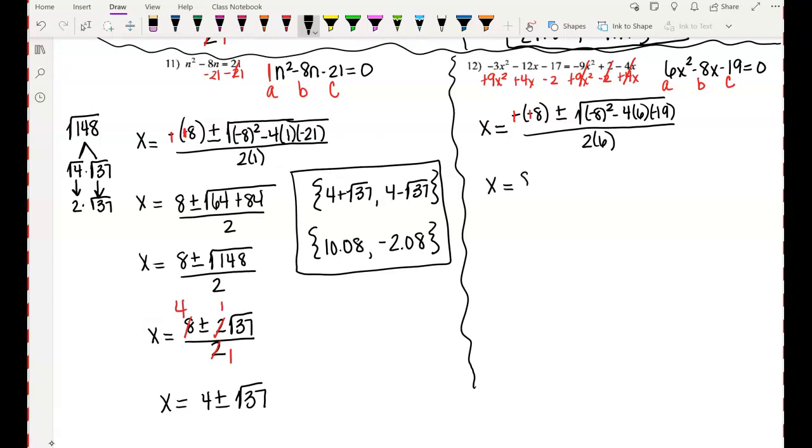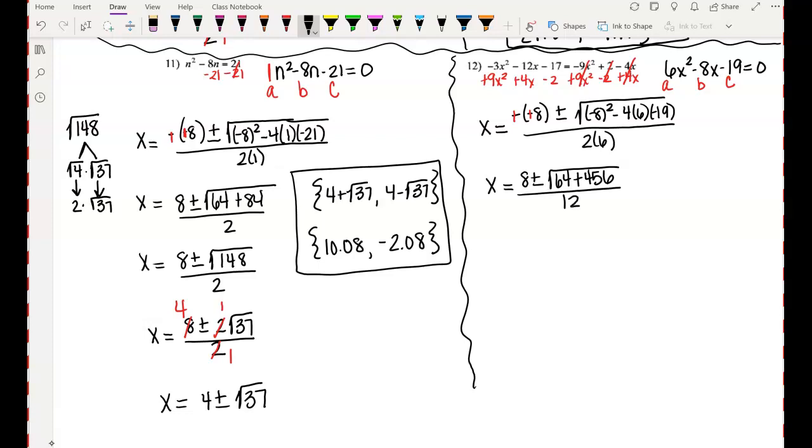So x equals 8 plus or minus the square root. Negative 8 squared is 64. Negative 4 times 6 is negative 24. Negative 24 times negative 19 is positive 456.